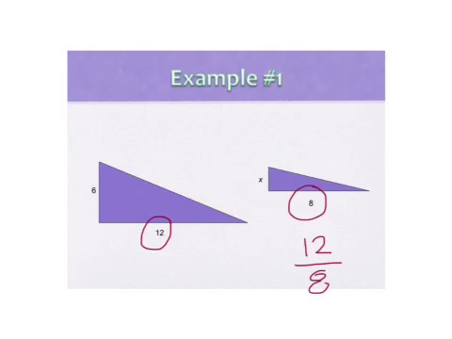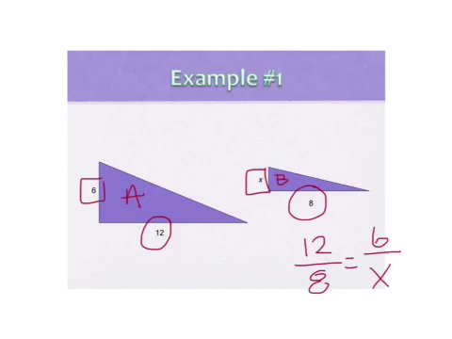Now if I look over here, put a little equal sign in the middle. Since I started with this, we'll call this A. Since I started with A, I'm going to leave A up on the top, and we'll call this B. So 6 is going to be across from my 12, because they're on the same side. And X is corresponding to that, but I don't know what X is, so I'm going to leave it on the bottom.